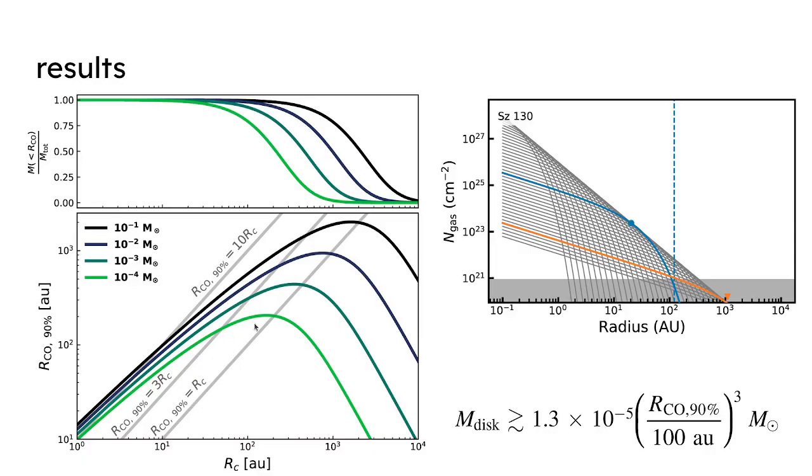So if you have a fixed mass and you stretch your disk further and further, it becomes less and less dense, and at some point it becomes so not dense that at certain radii CO is just completely photodissociated, sorry, and does not exist, and therefore that would decrease your R90.